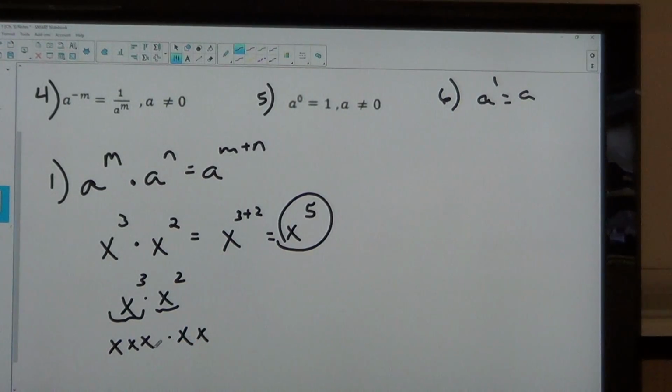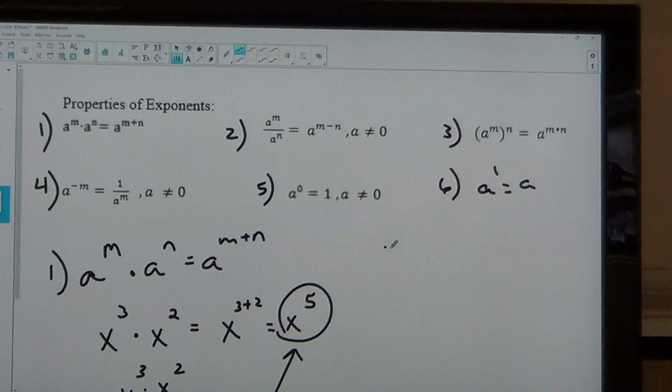So how many total x's do you have? 5. So you have 3 x's and you have 2 x's. So what did I really do? I counted the x's. Or I added the exponents. That's what that rule says. Y'all with me?